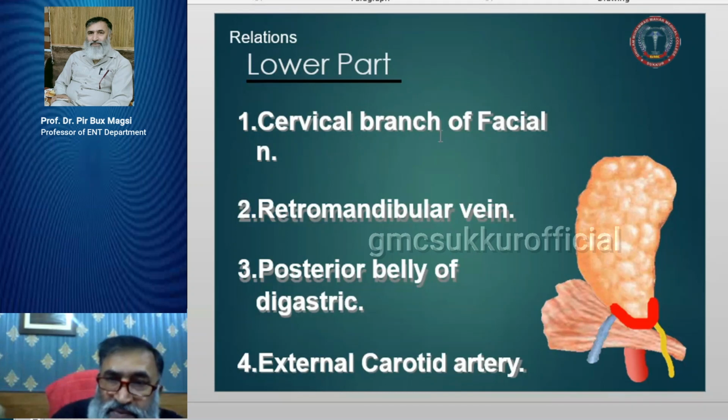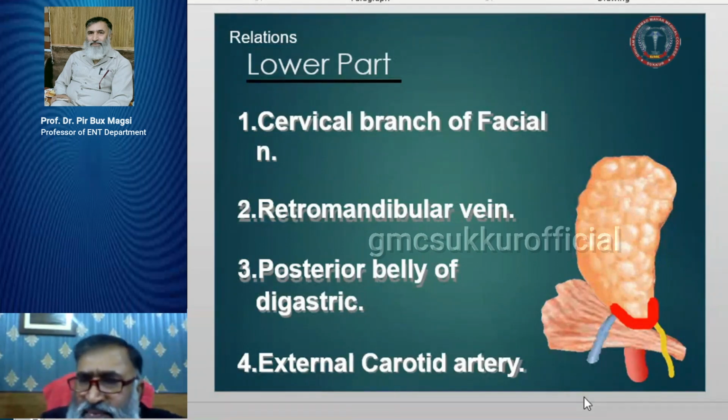This is again the parotid gland having the cervical branch of the facial nerve. The cervical branch of the facial nerve is very important because it supplies the platysma. Platysma is supplied by your facial nerve. If there is parotitis, this branch is also affected.